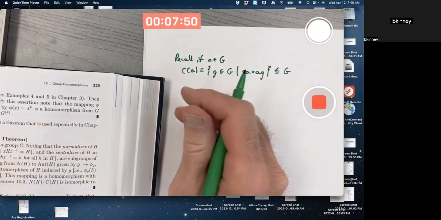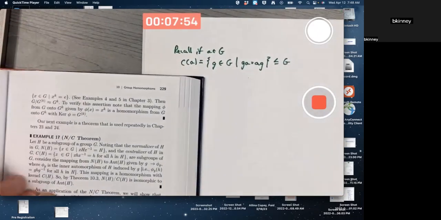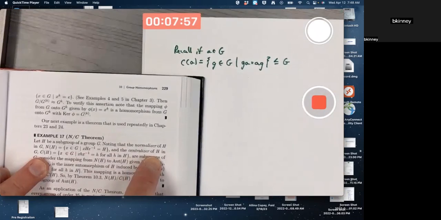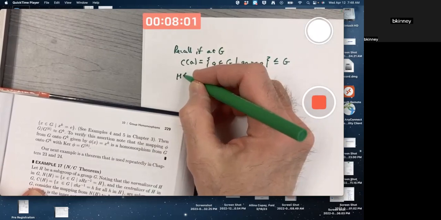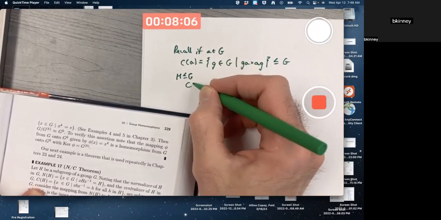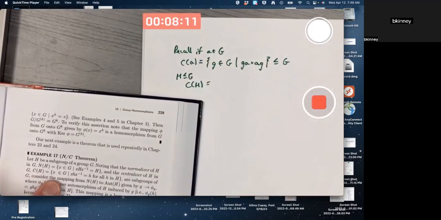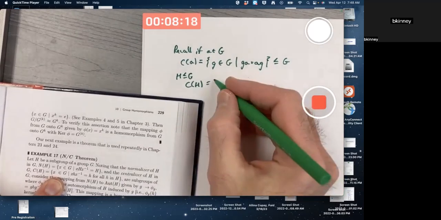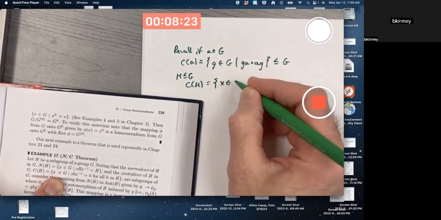Centralizer of A. But now in this example, we also have the concept of a centralizer of a subgroup. H is a subgroup of G. This is a new concept. The centralizer of the subgroup is everything in G that commutes with everything in H, everything in that subgroup. The book uses X instead of little g here, so I'll do that.